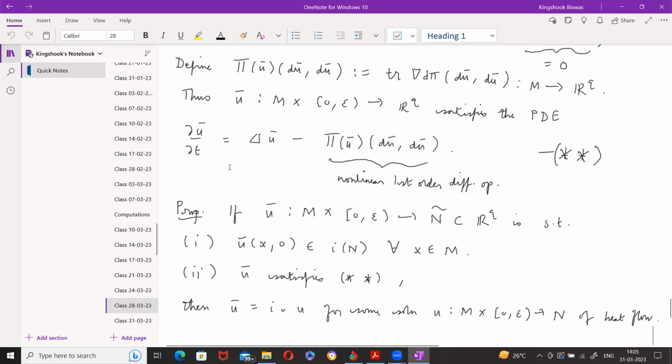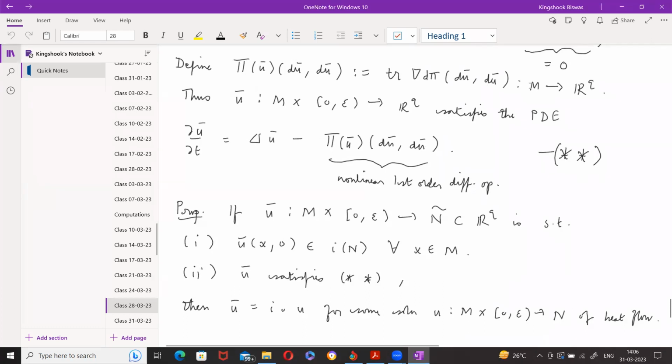So it's a PDE of the form ∂U bar/∂t equals Laplacian of U bar minus some nonlinear first order differential operator, which we call pi of (U bar, dU bar, dU bar), where this pi of U bar, dU bar, dU bar was the trace of nabla d pi composed with dU bar, dU bar.